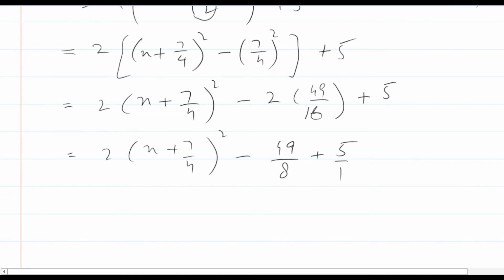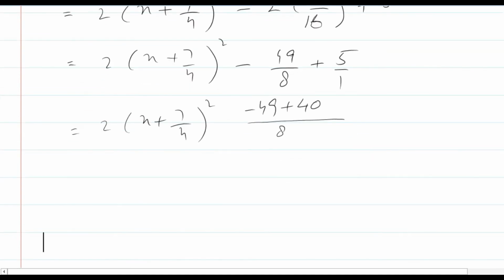Here 8 is the LCM, so minus 49 plus 5 times 8 is 40. And this is equal to 2 times (x plus 7 over 4) whole square minus 9 over 8.